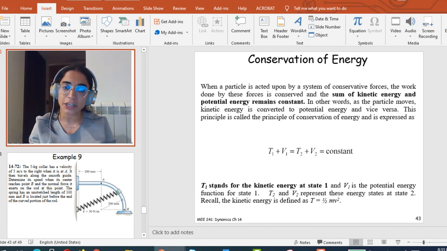T is the kinetic energy. And what is V? V is the potential energy. And don't forget that this potential energy will be the sum of the elastic potential energy and the gravitational potential energy. And from here comes the fact that kinetic energy could be exchanged with potential energy, as we're going to see in the solved problem.